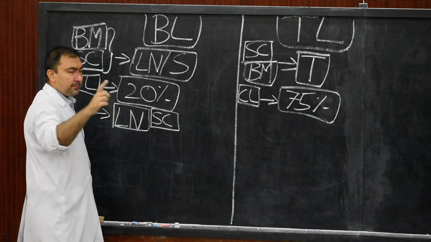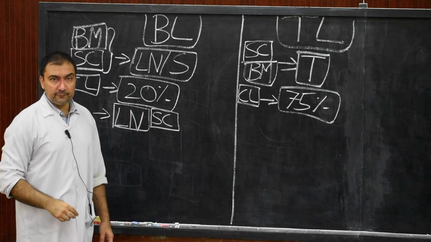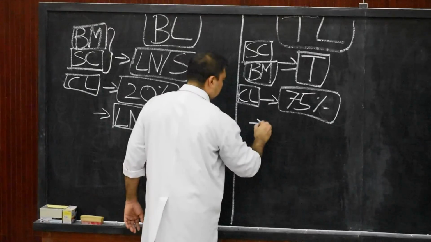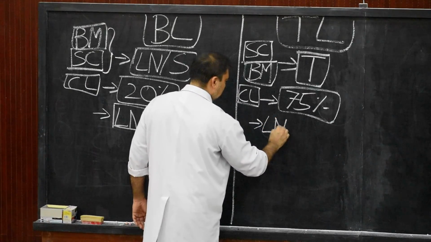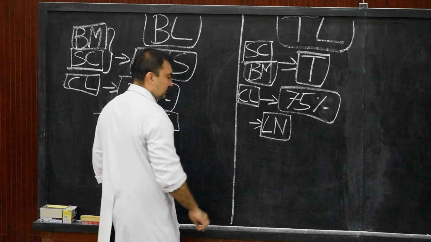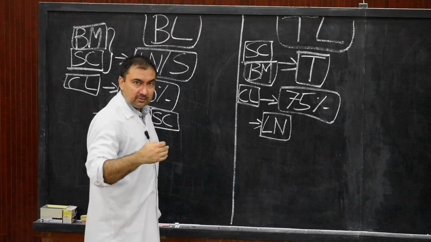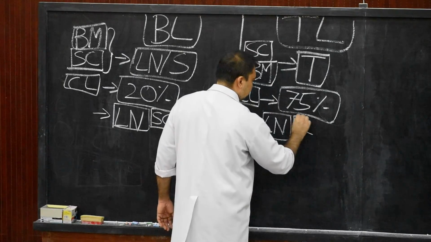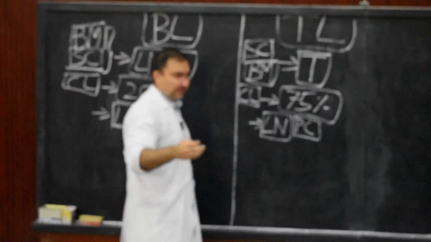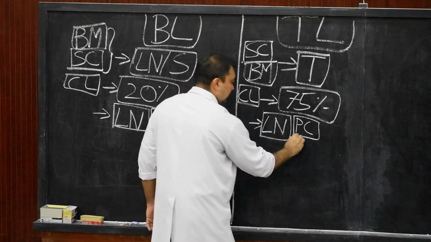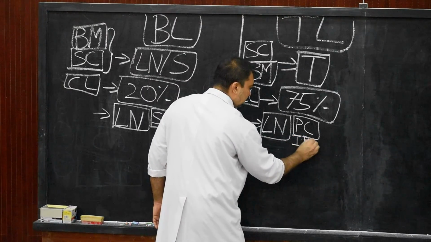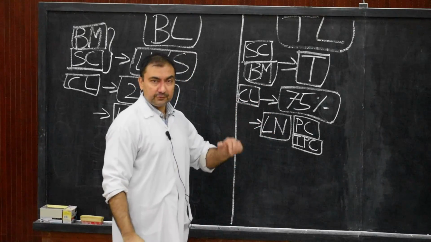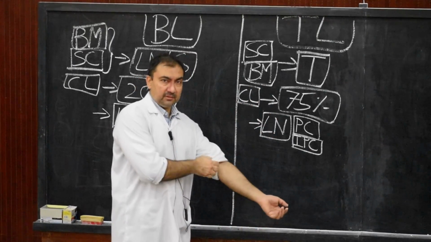T lymphocytes, in case of the lymph node, are located within the deeper part of the cortex, also called the paracortical region, or simply the inner part of the cortex of the lymph node: T lymphocytes, inner part of the cortex or paracortical zone.